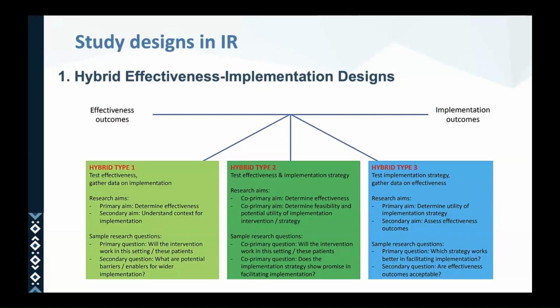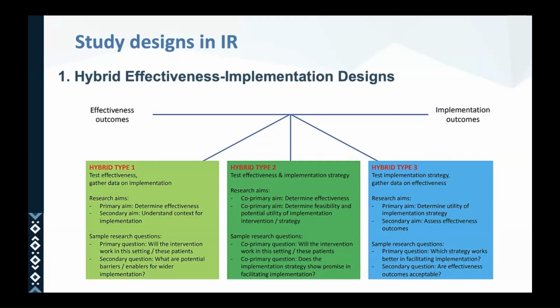Then for type 3 hybrid designs, the primary focus is to test the implementation strategies, while secondarily you assess the effectiveness outcomes. You first test the implementation strategy, then you collect data on effectiveness outcomes. The primary research aim is to determine the utility of the implementation strategy, and the secondary aim is to assess effectiveness outcomes.